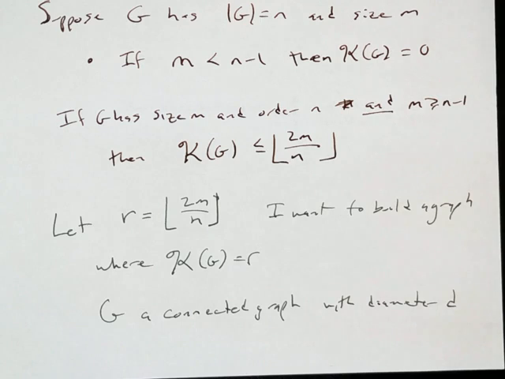Graph the diameter means something. That's the length of a longest shortest path in G, from small distance. It's the large G.